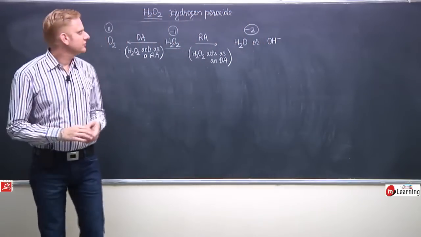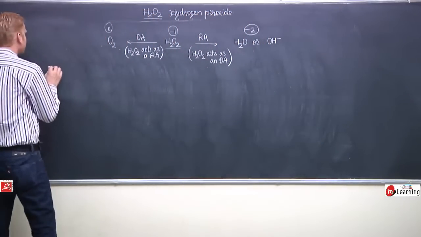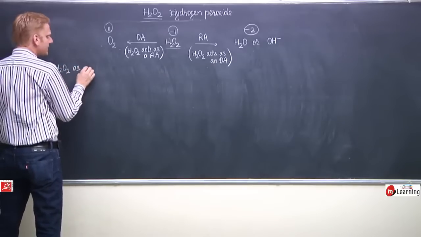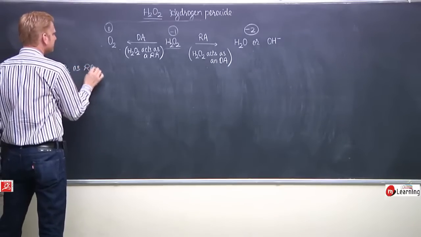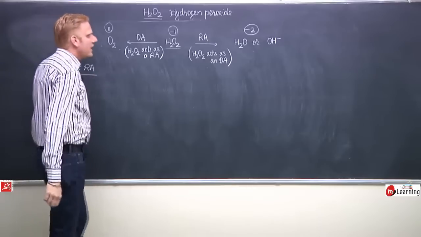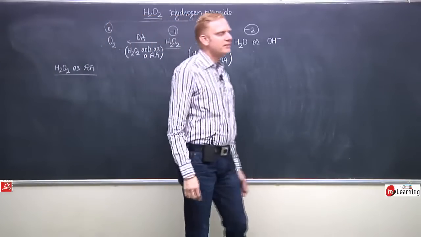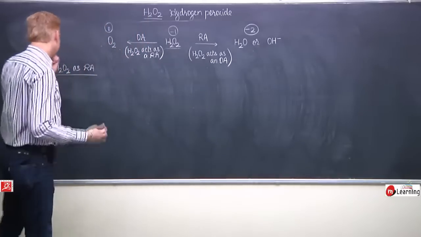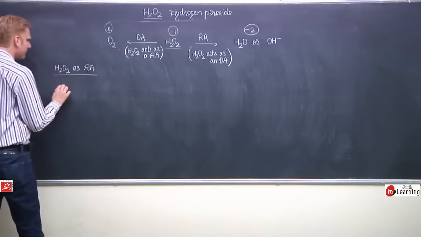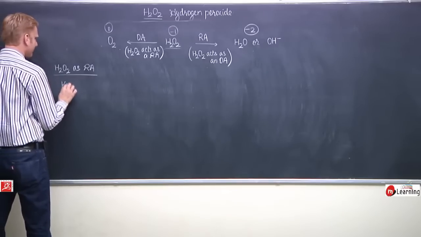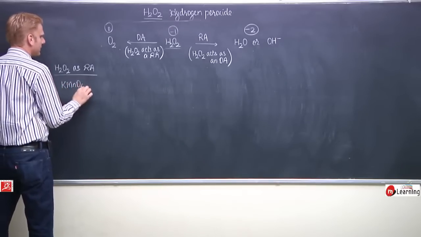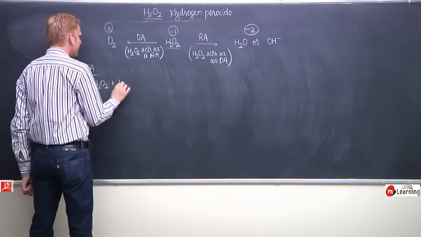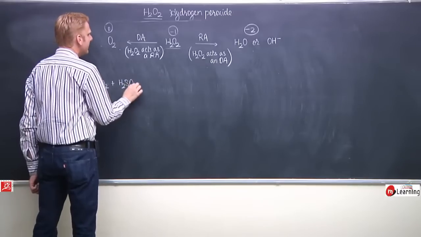For example, I take some reactions. Case 1, hydrogen peroxide as reducing agent. Let us take some of the reactions where hydrogen peroxide acts as reducing agent. One such reaction is the reaction between KMnO4 and hydrogen peroxide in acidic medium.